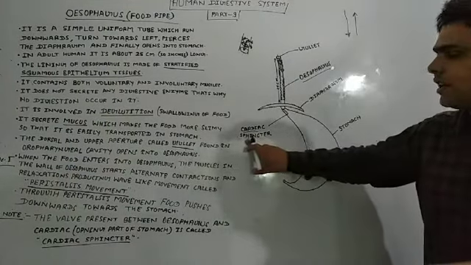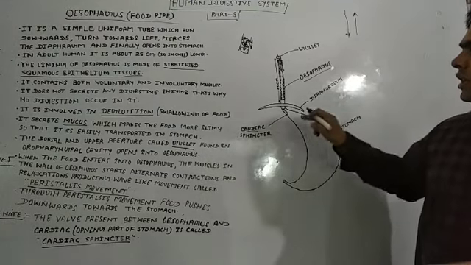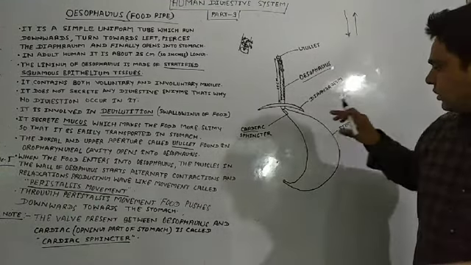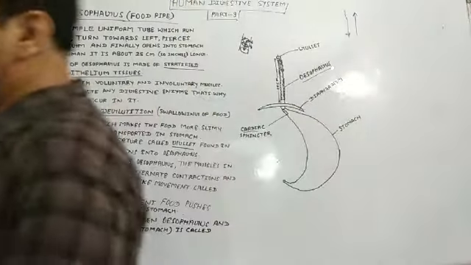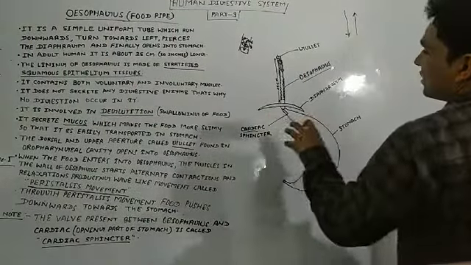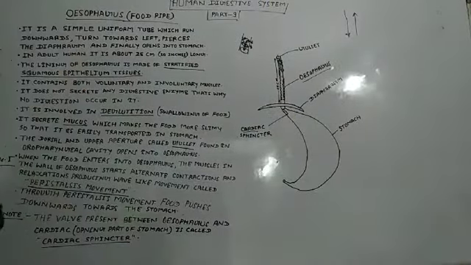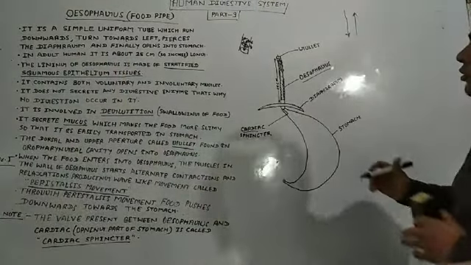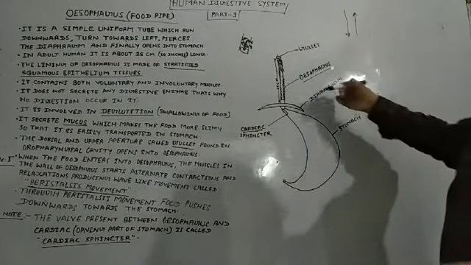What is known as the cardiac sphincter? Very good, students, it is clear now. Between the esophagus and the first part of the stomach, known as the cardiac region, a valve, a circular muscle, is found. This circular muscle is known as the cardiac sphincter. And what is the role of the cardiac sphincter?